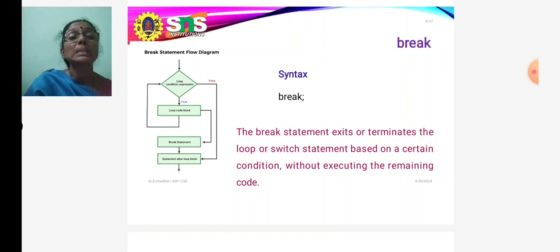We are using break mainly in looping and switch case. When you use break, the control fully terminates the loop or switch case and goes to the outside of the loop or switch case statement flow. So this is the break.